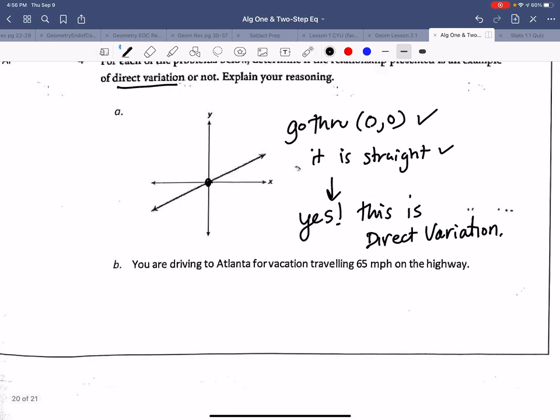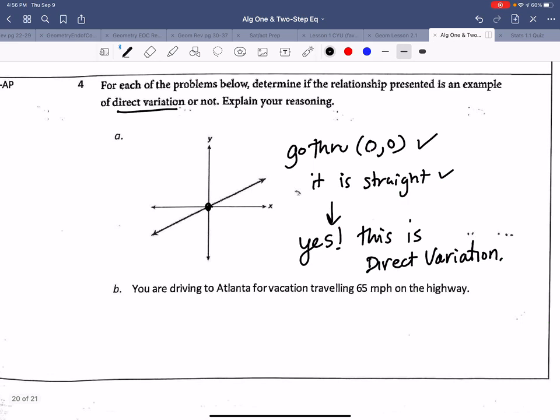All right, now it says, you are driving to Atlanta for vacation, traveling 65 miles an hour on the highway. So this is hours. When I drive 1 hour, I go 65 miles, all right? And if I go 2 hours, I just go another 65 miles, right?